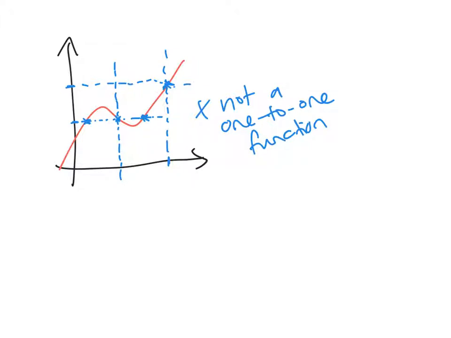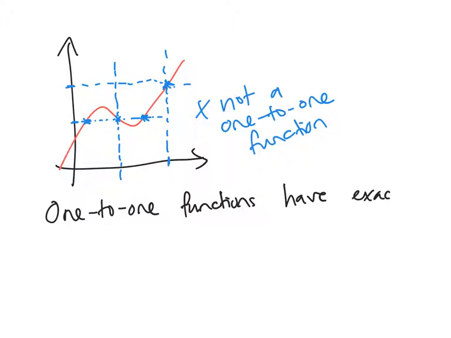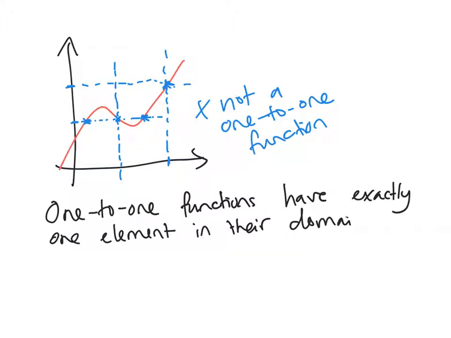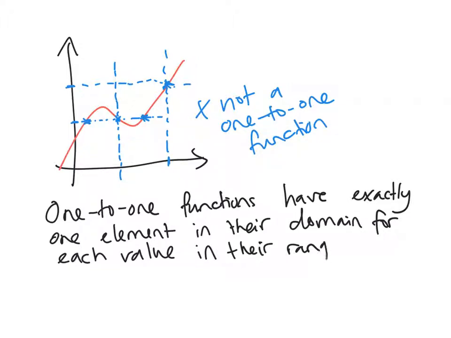And if we write out the definition for a one-to-one function, one-to-one functions have exactly one element in their domain for each value in their range.